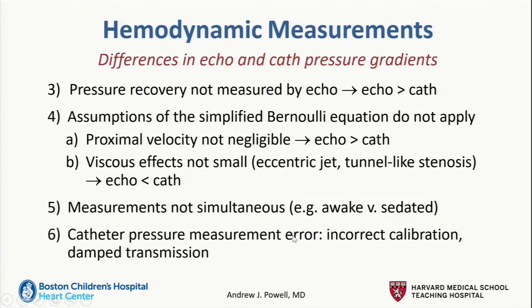And then finally, you could have catheter pressure measurement error. We think of catheter measurements as the gold standard, but in fact, you can have issues around calibration or damped transmission, air bubbles in the line, and that should also be on the list of things that can contribute to differences.